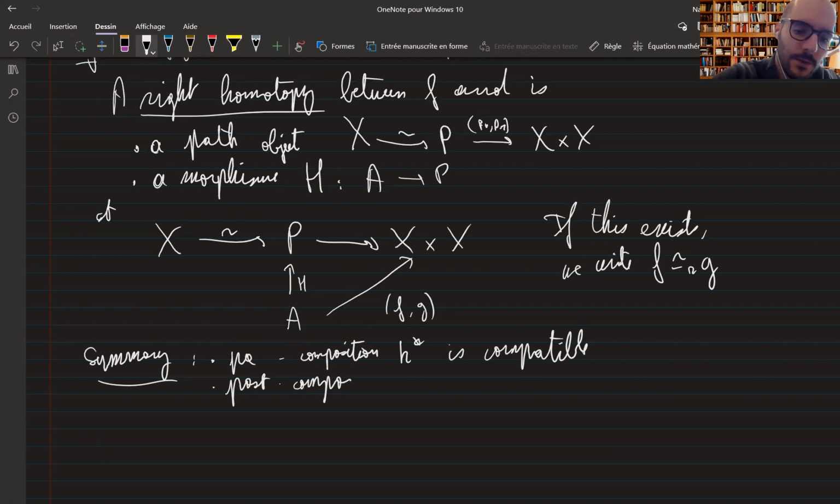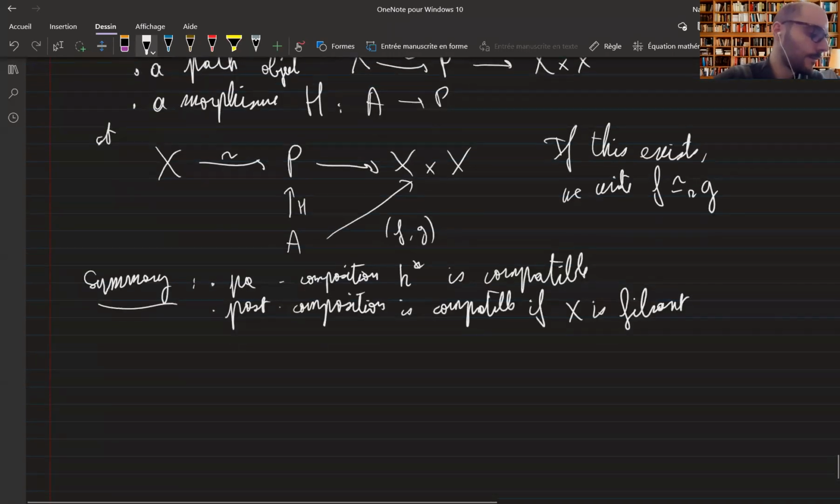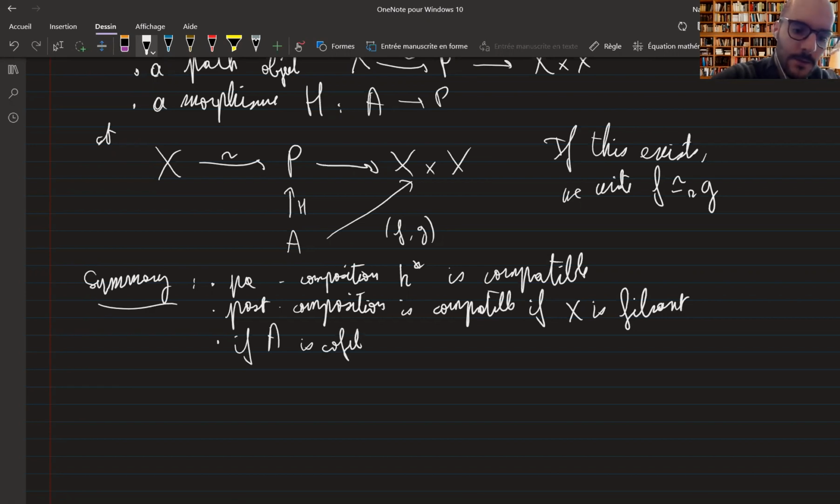Post-composition is compatible if X is fibrant.